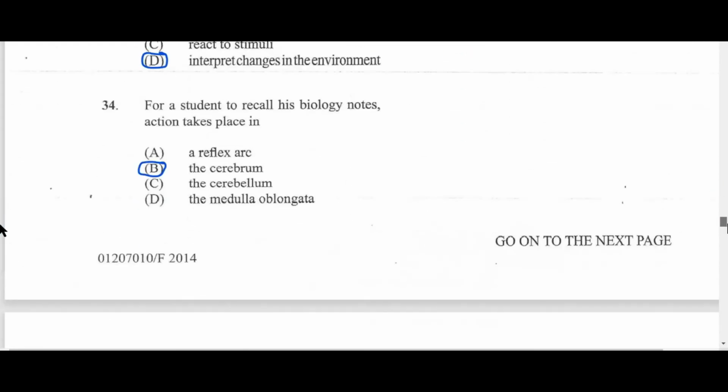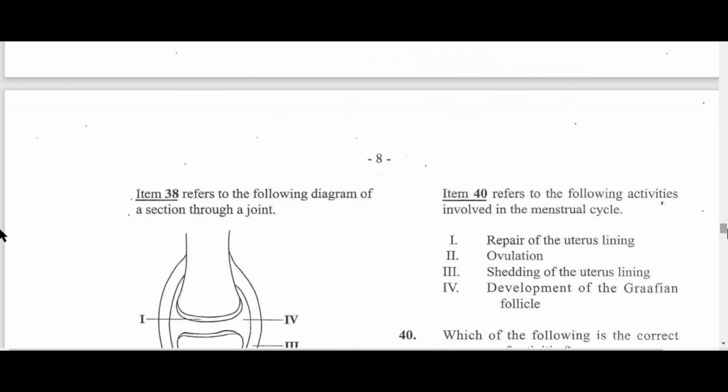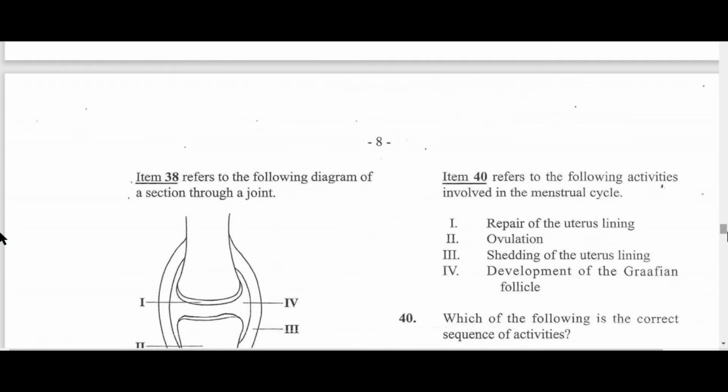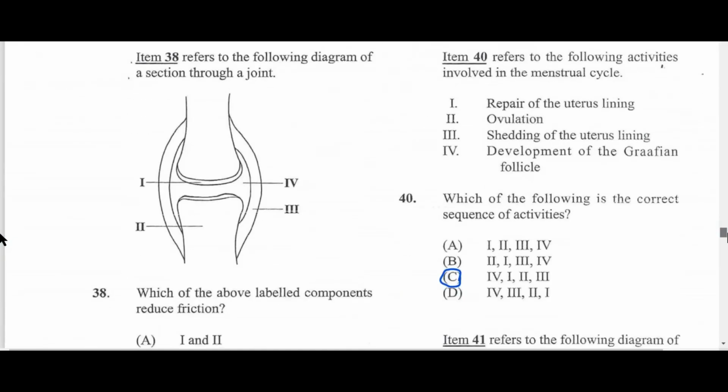Let's move on now to question 38. And that refers to the following diagram of a section through a joint. And what it wants to be answered is which of the above labeled components reduce friction. And this one is going to be another nice and easy one.